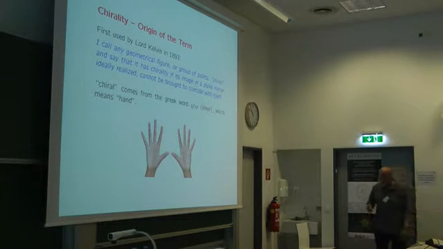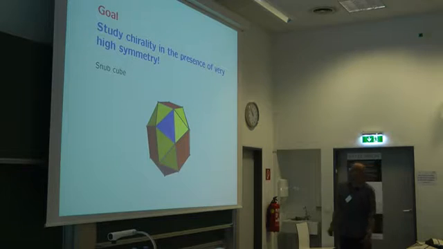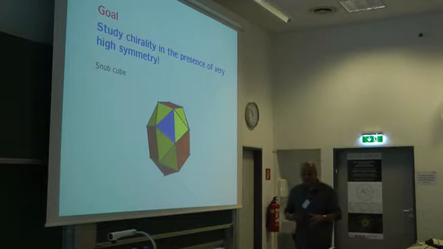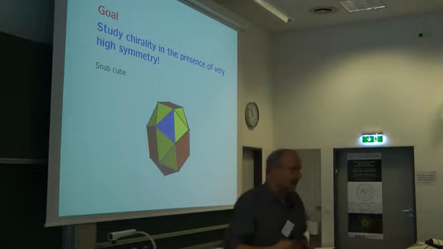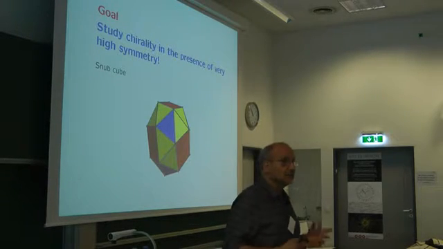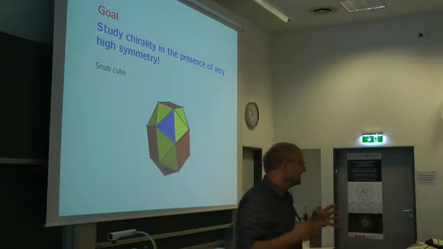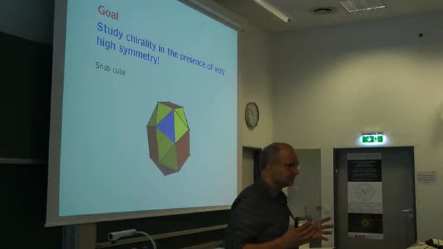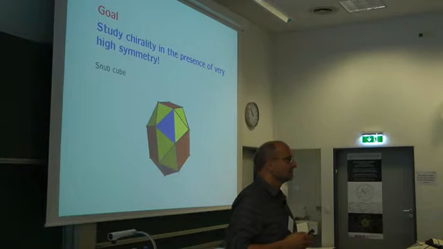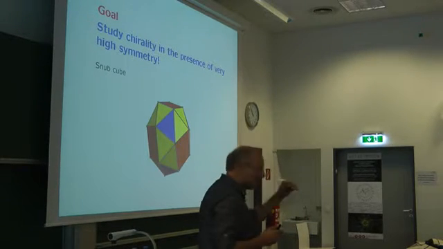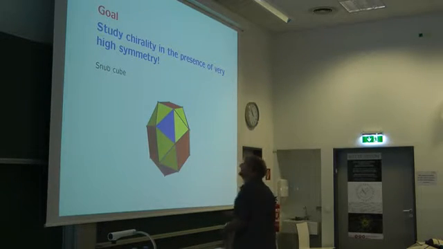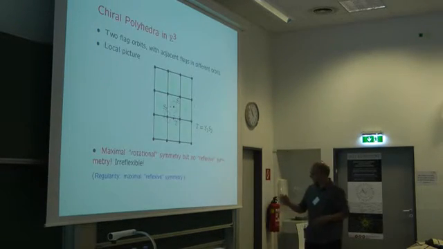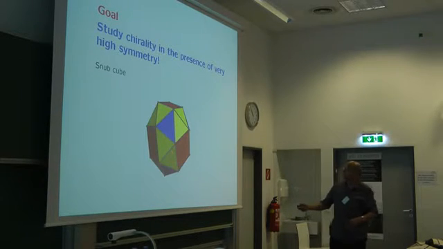And so what we want to do is study chirality in the presence of otherwise maximal symmetry. So we want a symmetry that is as large as possible, but the structure should still exhibit chirality. So just a tiny bit down from the regular ones. And so here, the snub cube is a geometric figure that has chirality.